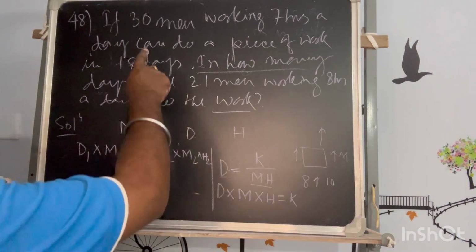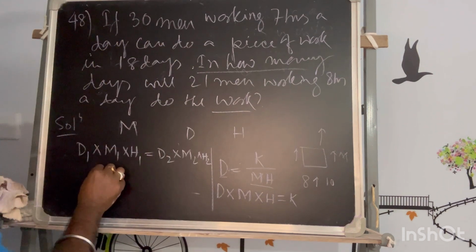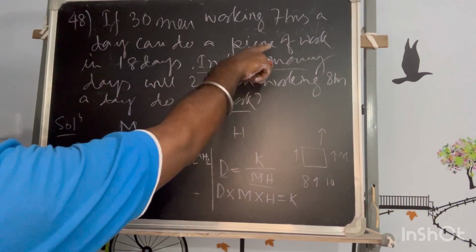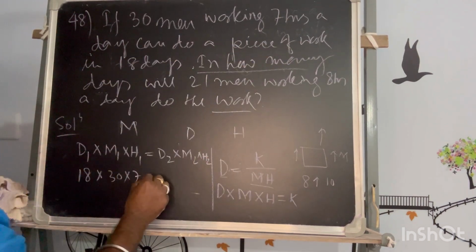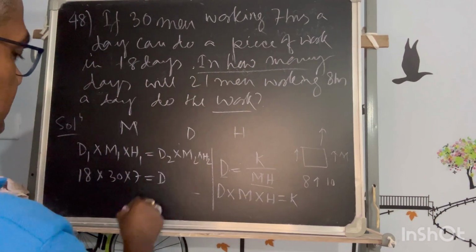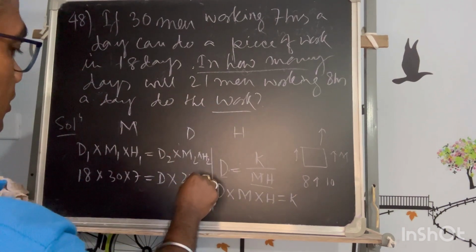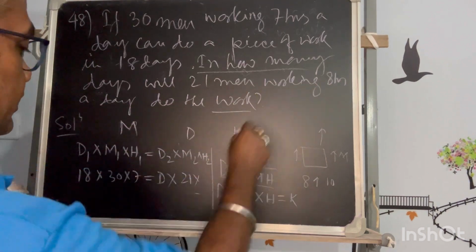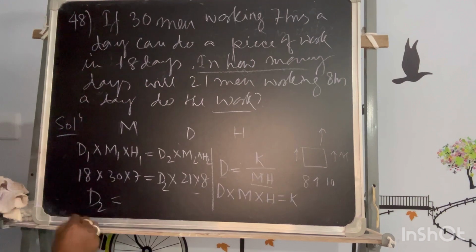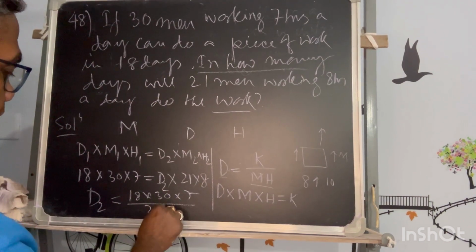So now in your case, the number of men is 30, the number of hours is 7, and the work is done in 18 days. So these are known. In the second case, the days are unknown, let it be d2, the men are 21, and the hours per day are 8. So d2 is 18 into 30 into 7 upon 21 into 8.